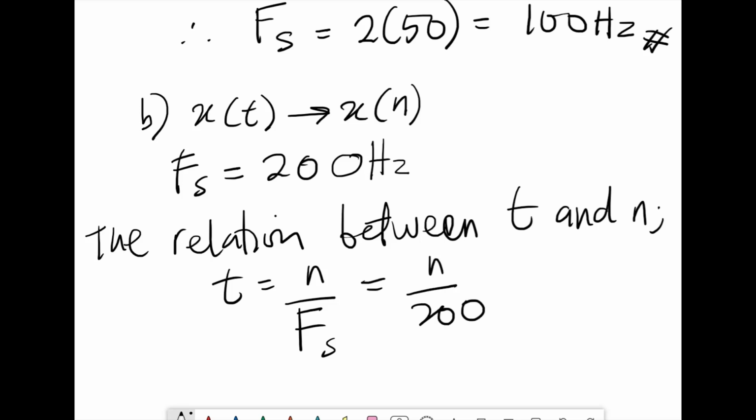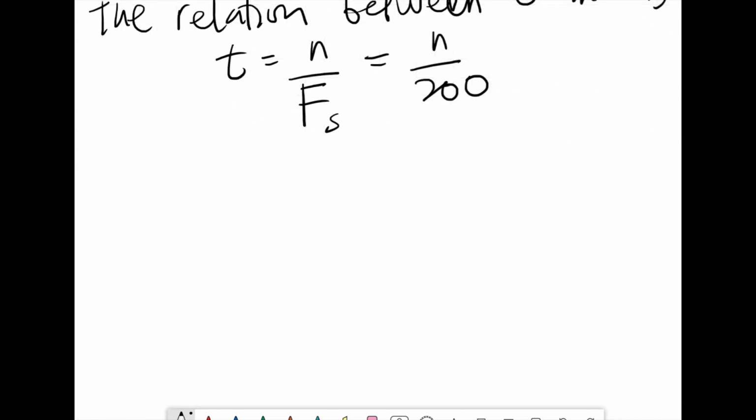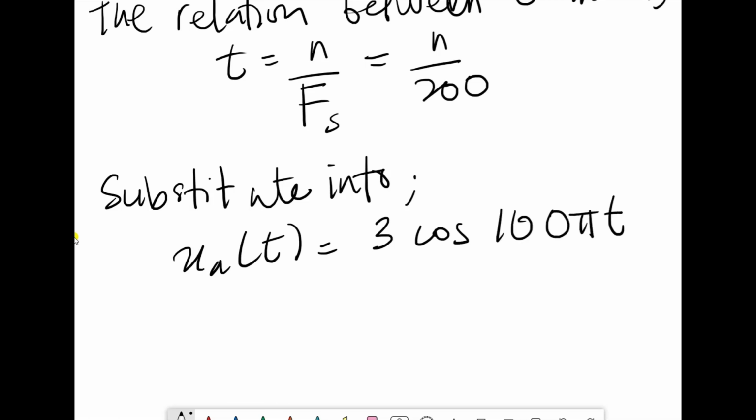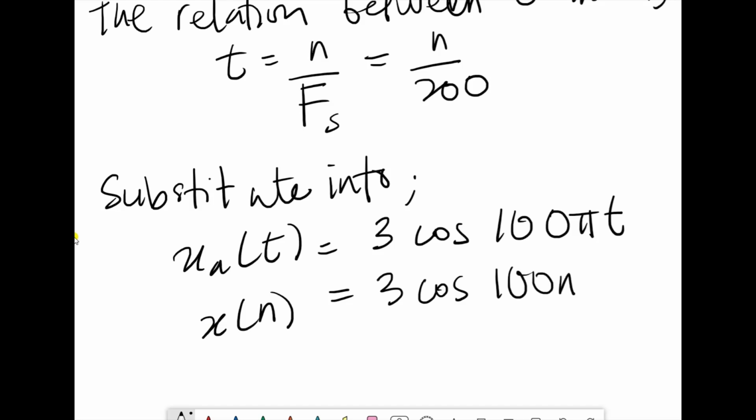So what we need to do is substitute into xa(t) equals 3 cos 100 pi t. So x(n) equals 3 cos 100 pi n over 200.